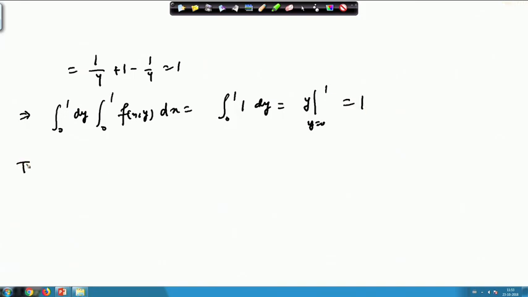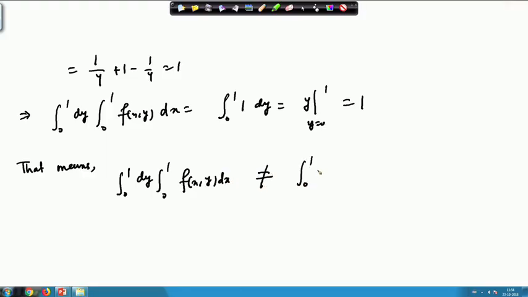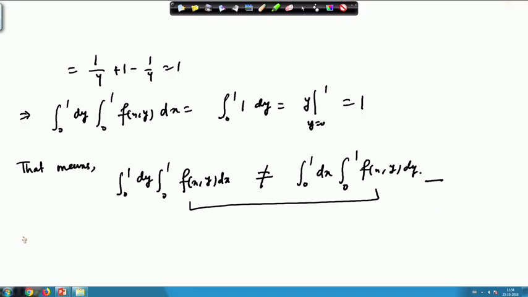So, that means the integral from 0 to 1 dy, integral from 0 to 1 f(x,y) dx is not equal to the integral from 0 to 1 dx, then the integral from 0 to 1 f(x,y) dy. So, that means these two repeated integrals are not equal, which we wanted to prove.